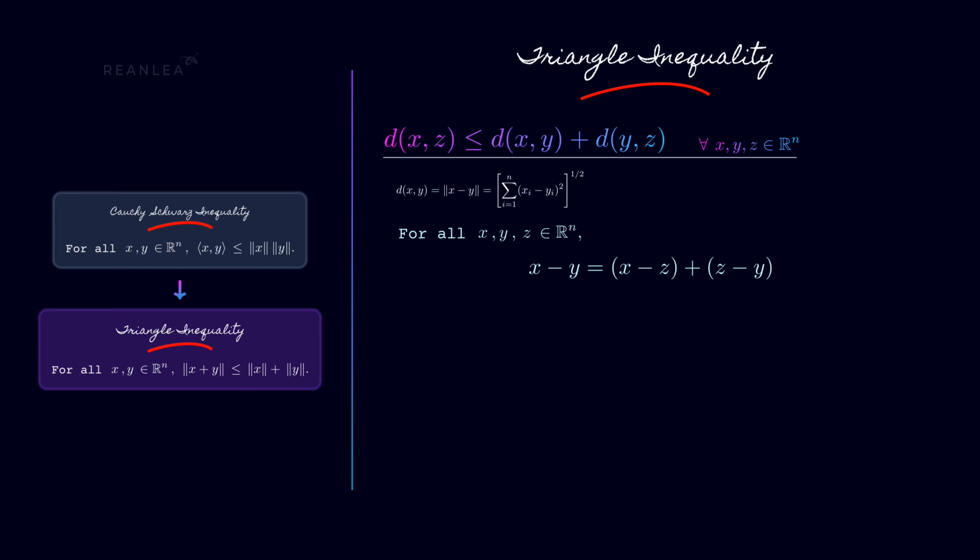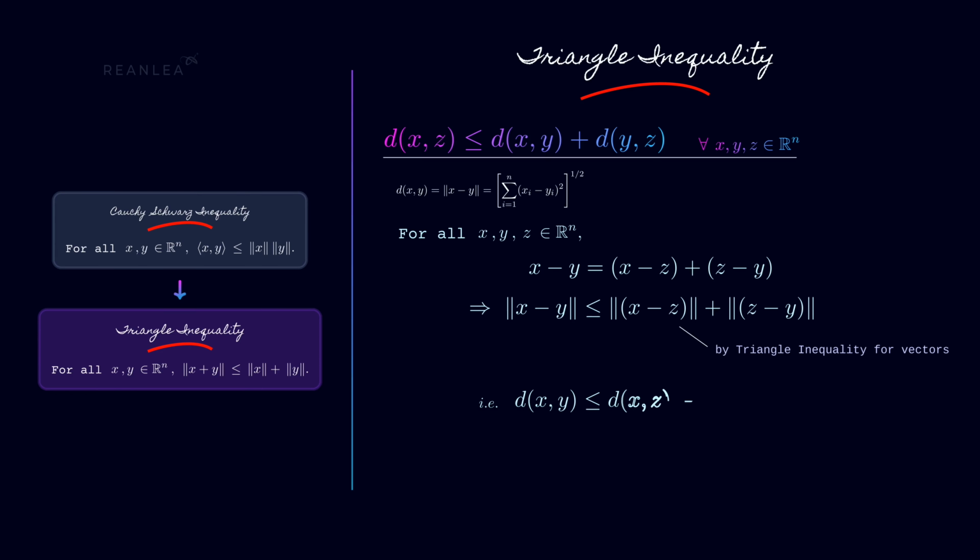Now for all x, y and z in Rn, x minus y is equal to x minus z plus z minus y, which implies norm of x minus y is less than or equal to norm of x minus z plus norm of z minus y. And this result is due to the triangle inequality for vectors. And that is, d of x and y is less than or equal to d of x, z plus d of z, y for all x, y and z in Rn.